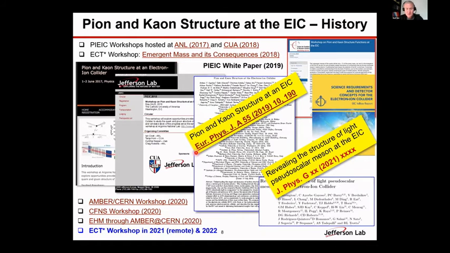That resulted partly in a white paper for the EIC in 2019. There have been follow-up workshops, also with AMBER. You're going to hear about that tomorrow. And this is our remote workshop, and there's another workshop hopefully in 2022. Just recently, we had the Yellow Report and another article accepted in Journal of Physics on the structure of pseudoscalar mesons, which shows you a lot of what I'll show you in the rest of this talk.